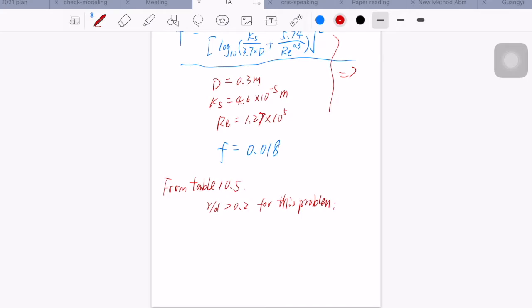So I determine that the minor coefficient for the pipe entries for this problem is 0.03, and for the expansion head loss coefficient, we can find that K uppercase E is 1.